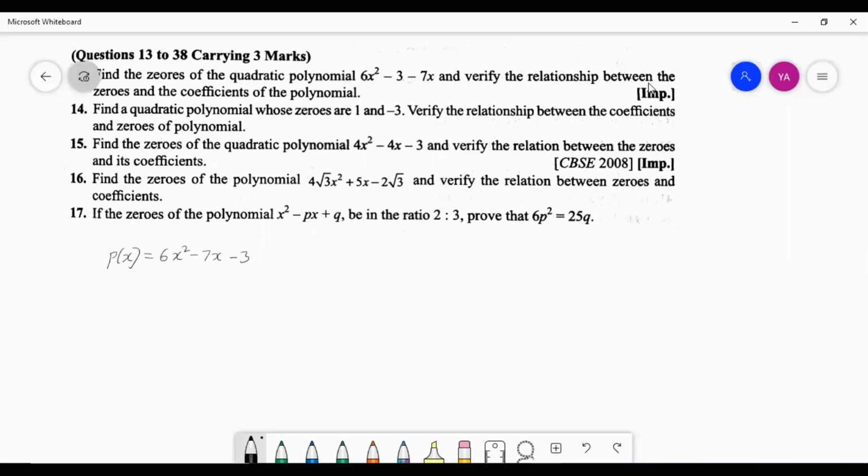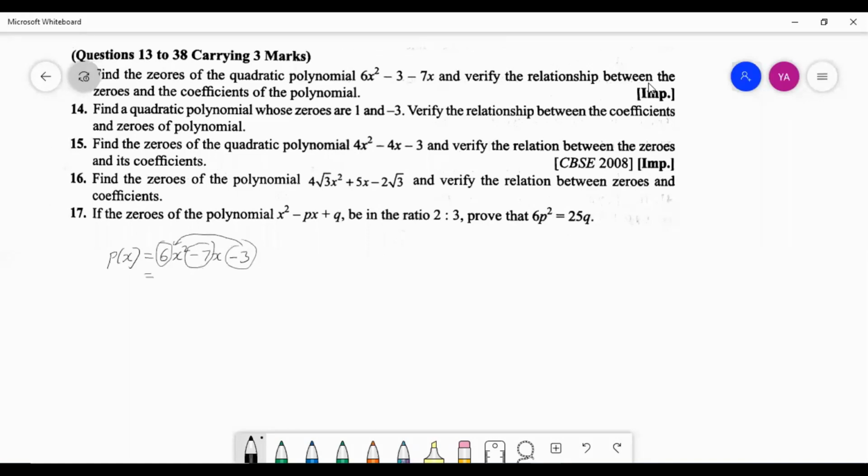The method we discussed in the chapter is you split the middle term, split the x term in such a way that their product should be equal to the constant term into the x square term. You want to split minus 7x. Think of two numbers: their sum is minus 7 and their product is minus 3 into 6.